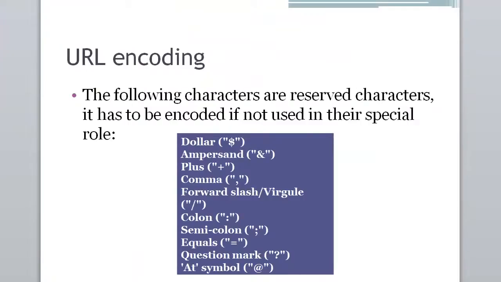Now there's something very important you have to understand about URLs, which is URL encoding. There are certain things you are not allowed to do. For example, putting special characters in the URL; try to avoid them as much as you can.